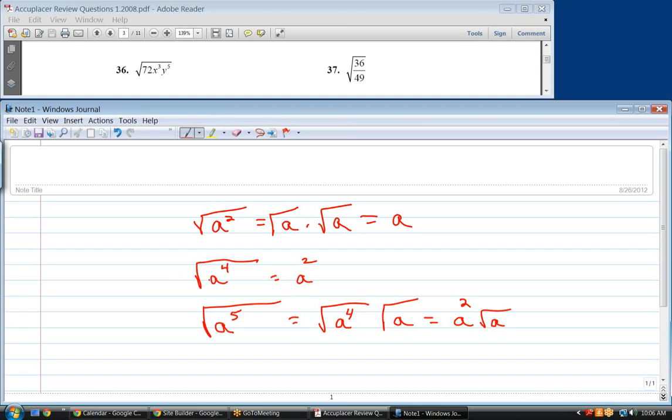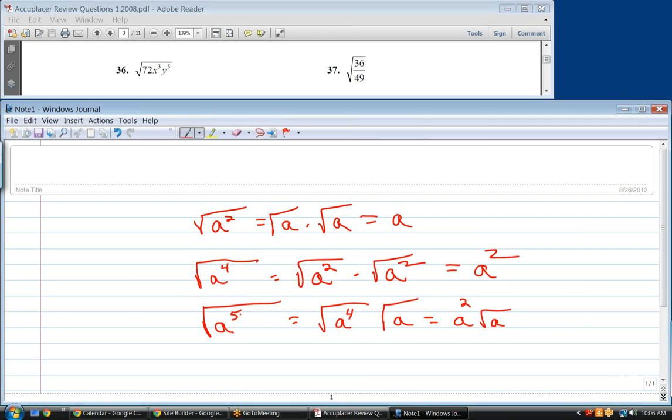The square root of a to the fourth: well, I can say that's the square root of a squared times the square root of a squared. You understand that step? I do, yes. This is a, therefore it's a squared.